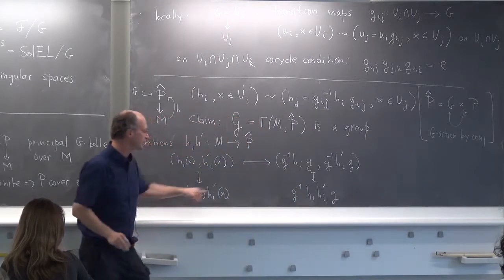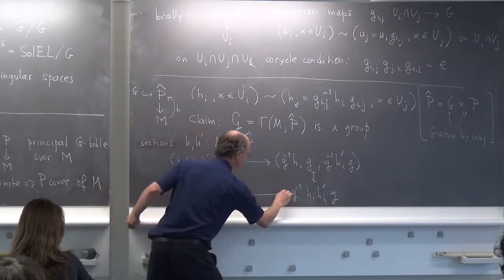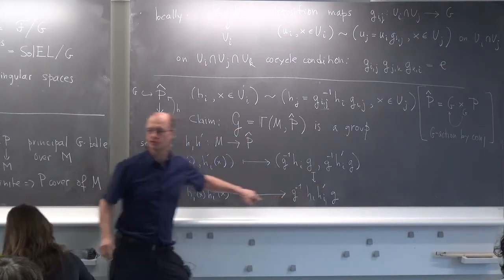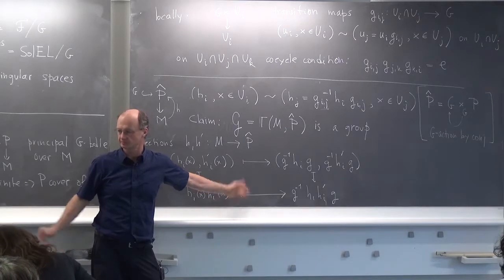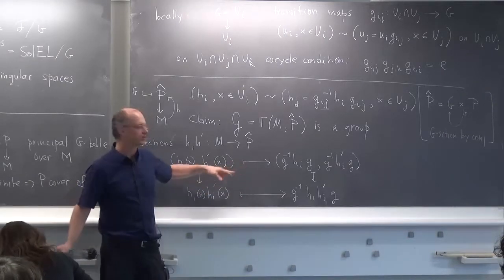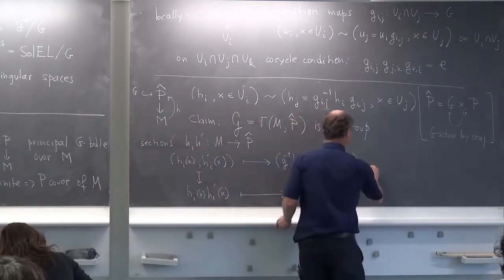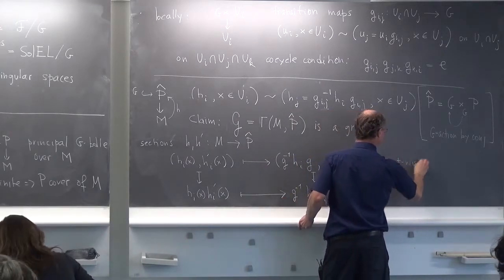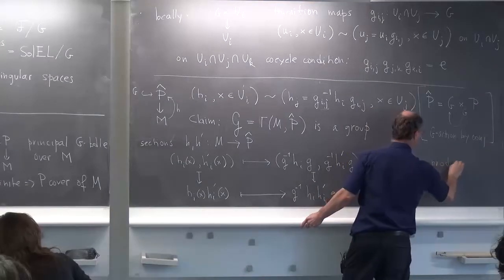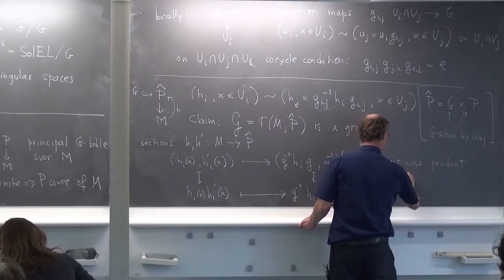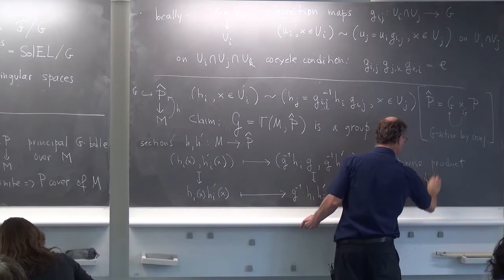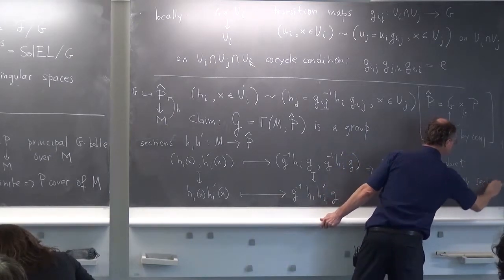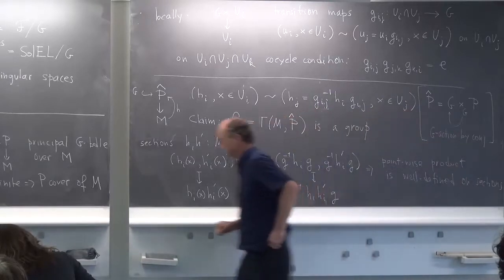And notice that this is exactly the image of this section under the transition map to the other chart. Right? So which means that the product is well defined on sections.